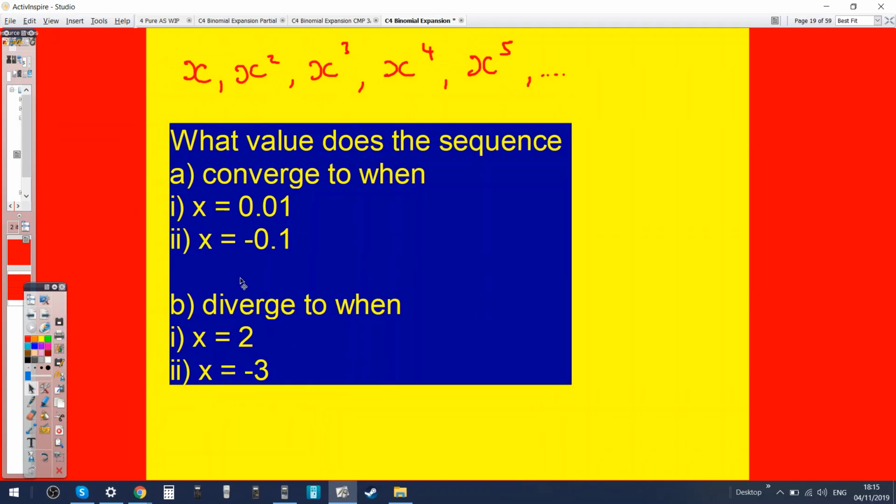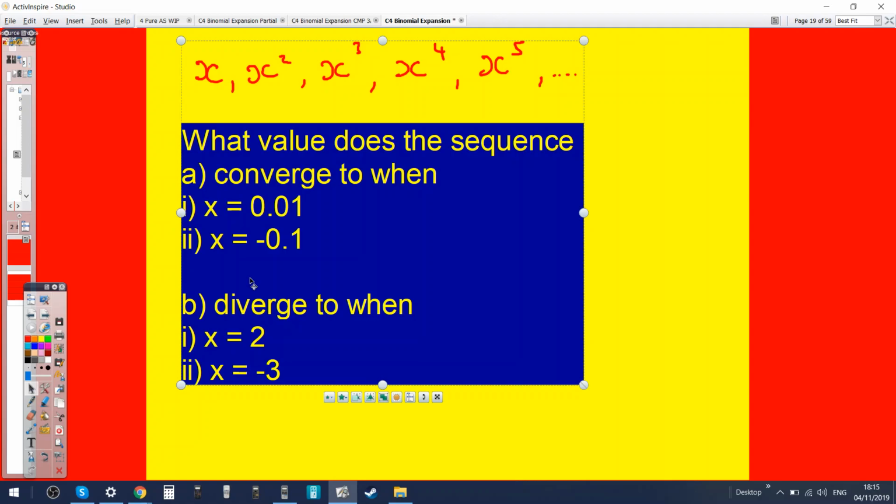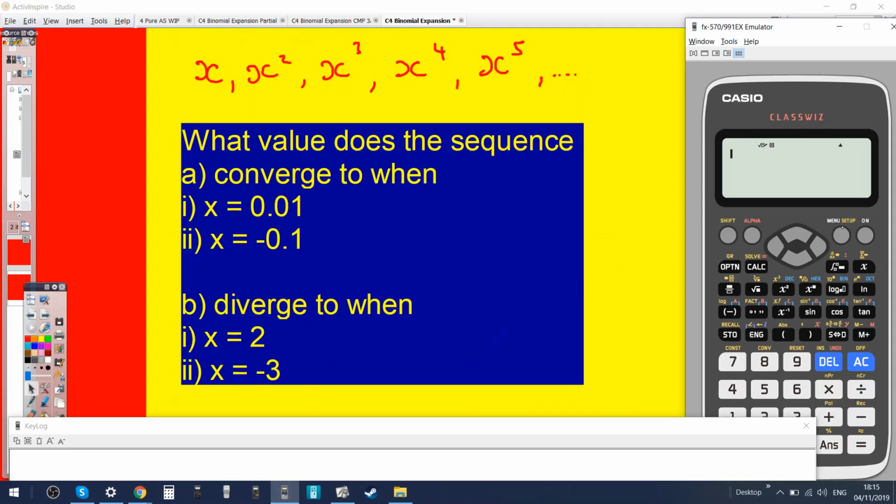Okay, how about this? What values does the sequence converge to when x is 0.01? So you just substitute in those values, right? For x. So do 0.01 plus, is it plus? Yeah. 0.01 squared plus.